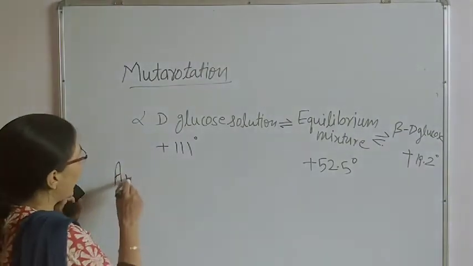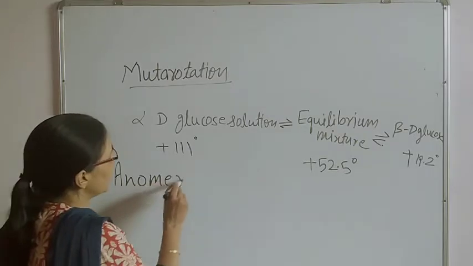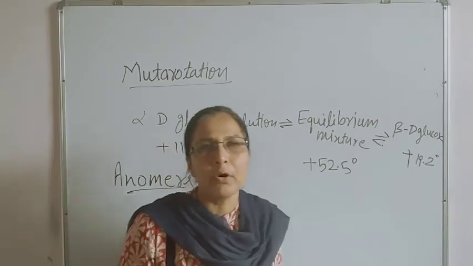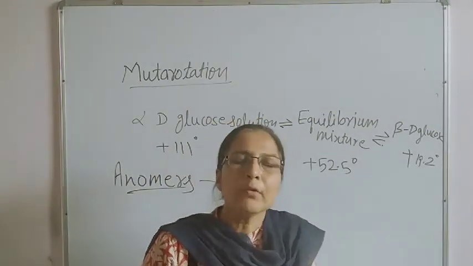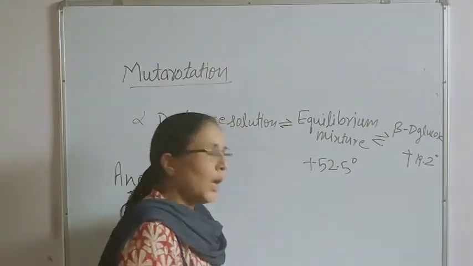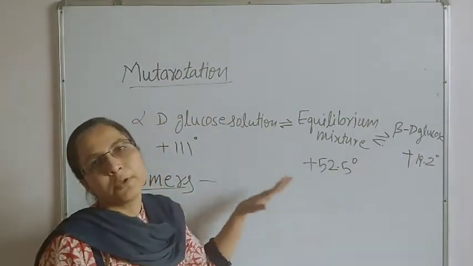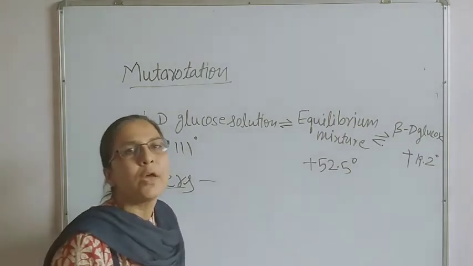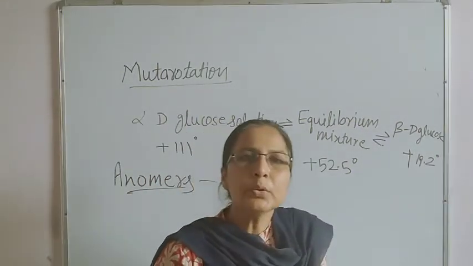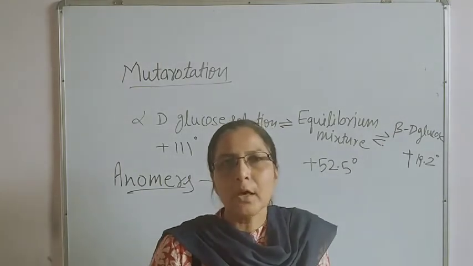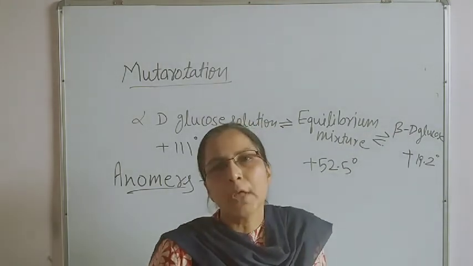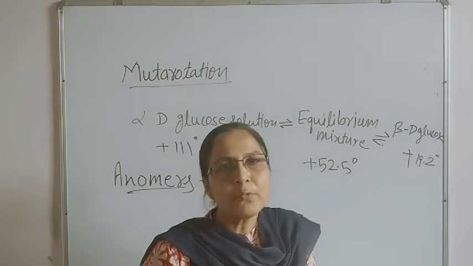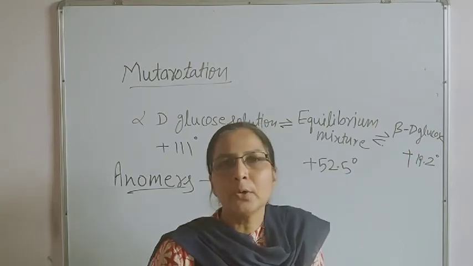What are anomers? As the term we have used many times, in carbohydrates, either for glucose or fructose or any monosaccharide, when the carbonyl group is treated with another OH group, there is a formation of one more chiral center, and due to that we get two forms of that monosaccharide. For example, from glucose we get alpha D glucose and beta D glucose.